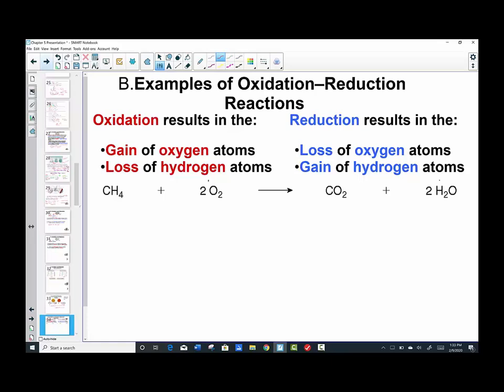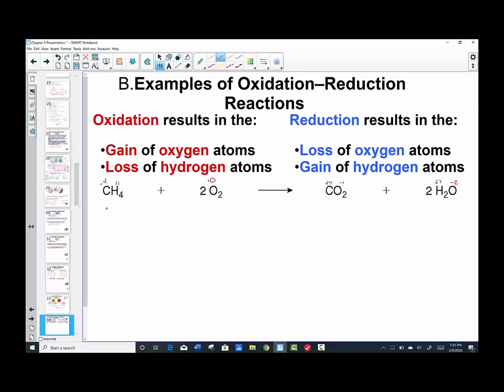Let's see what's changed charge here. Here I have an oxygen in the elemental form as a 0, and now over here I can see it's combined as a -2 in the water. Hydrogen stayed the same. Carbon had to be a -4, and it went to a +4.